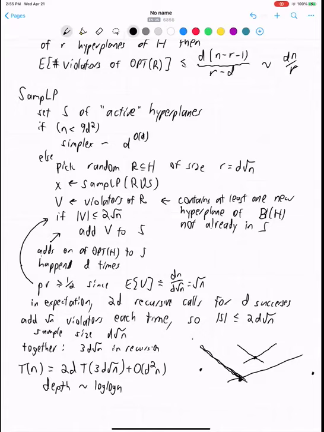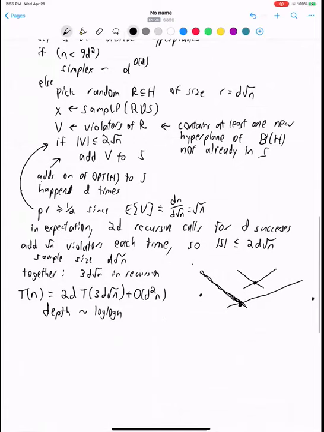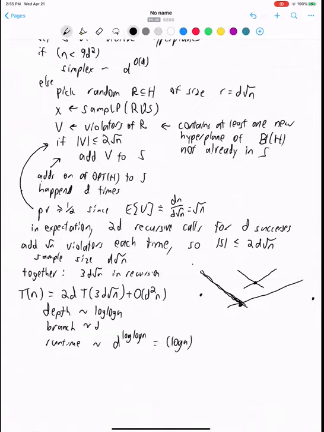So log n of those is going to shrink the size of the problem to something negligible. And the branching factor is d. And so that means that the runtime is about d to the log n, which is equal to log n raised to the log d power.